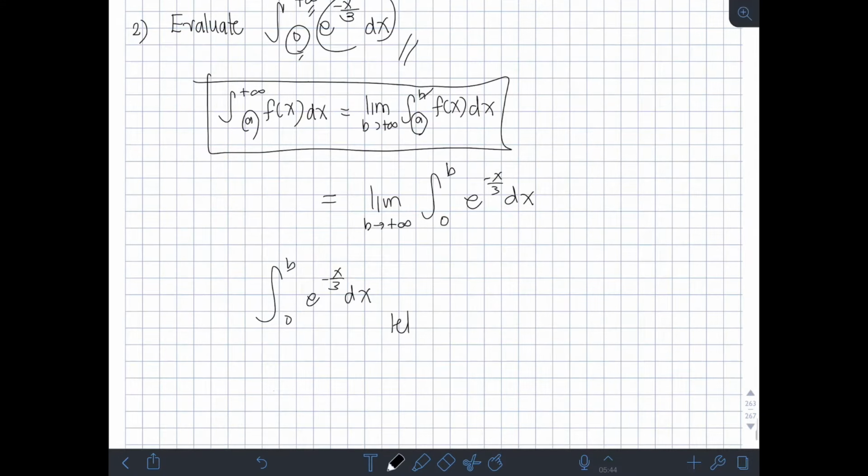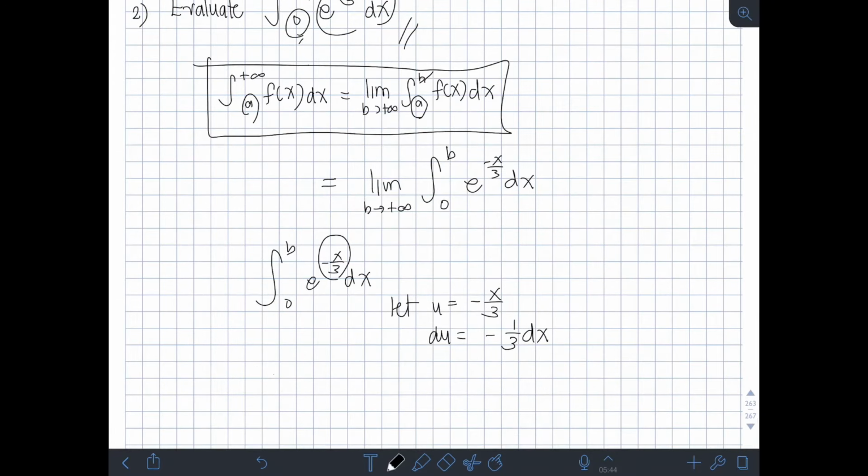So, we can let u be the exponent of e itself, this negative x over 3, right? Getting the derivative of both sides, we have du is equal to the derivative of negative x over 3, which is simply negative 1/3 dx. So, multiply both sides by negative 3. So, it becomes negative 3 du is equal to dx, right?